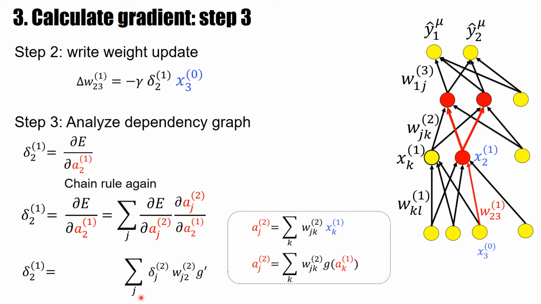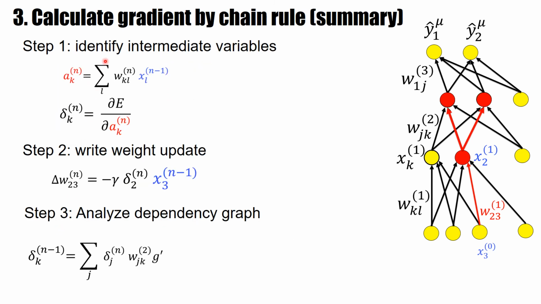So now this means the delta in layer 1 depends on the delta in layer 2. The delta in layer 2 will depend on the delta in layer 3, the delta in the output layer. And so if we evaluate gradients, then we have to first calculate the delta in the output, and then we get the delta in layer 2, then we get the delta in layer 1, and then we can update finally this weight. But with the same kind of formula, once we have the deltas and the x, we can also update all other weights.